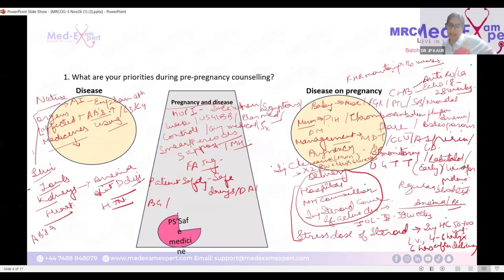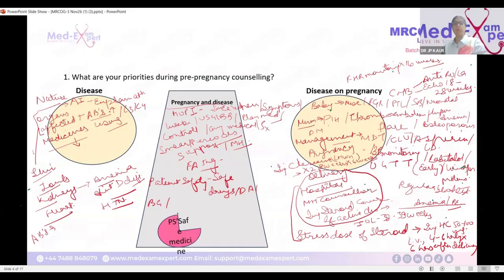For the obs and gynae evidence which we have in the form of TOG, we only have this paper, and it is giving this dose. So you just remember this dose by heart, okay? And steroid cover will be given antenatally, because baby may deliver preterm. So these things you have to speak.